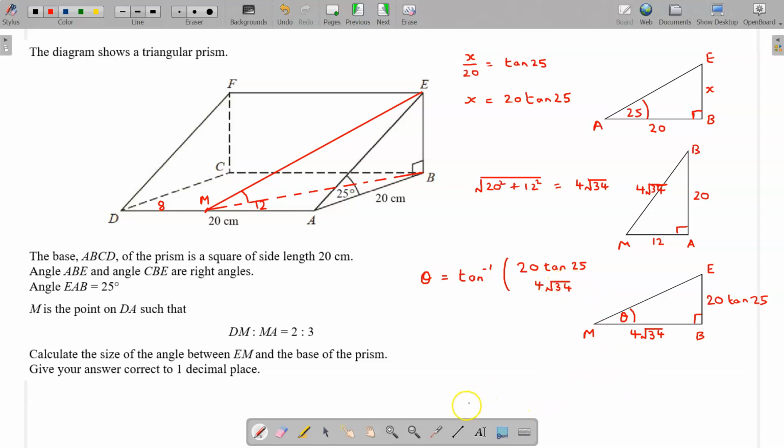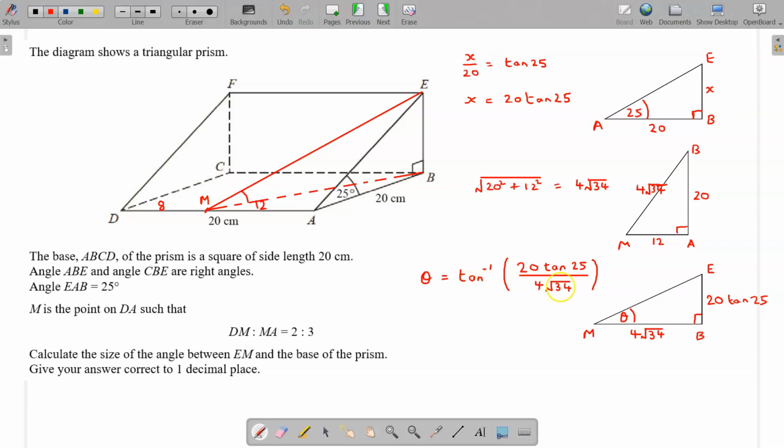Now, a lot of people would be tempted to work out these values on the way, and you can do that. There's nothing wrong with doing that. But if you do, make sure you give them to several decimal places of accuracy so that you don't introduce a rounding error. But that's perfectly correct to do it like this.